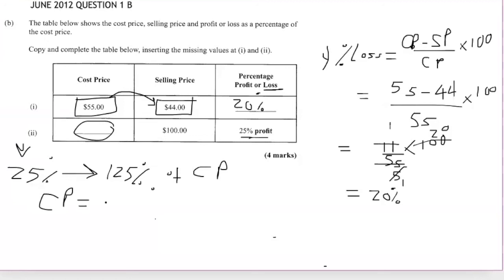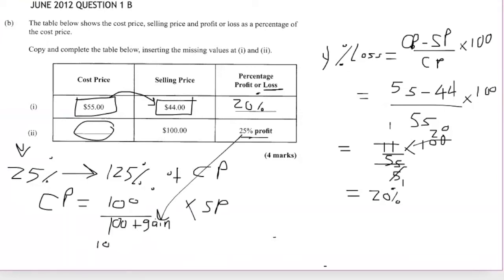So the cost price is equal to, since it's a profit, it's going to be 100 over 100 plus the gain times the selling price. So if it was a loss, then I would have 100 minus the percentage loss. The gain is the 25%.